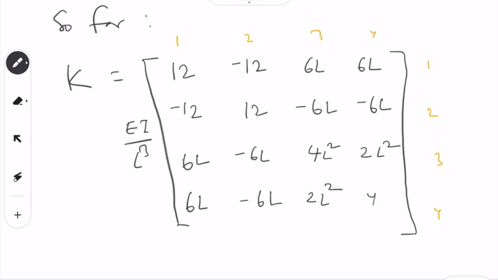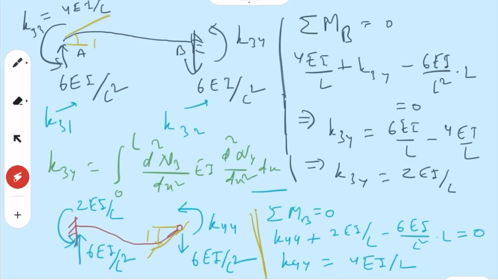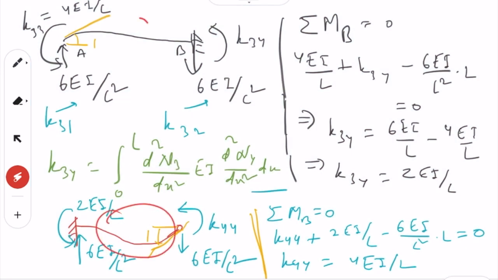This one we can write here. So we get 4 EI over L. Also you can see that both are basically the same. That really means you could have also derived this based on this. If you rotate this by 180 degrees, you will get exactly this one. This goes this side, the fixed end goes this side, this is now upward, this is downward, hence exactly a 180 degree rotation.